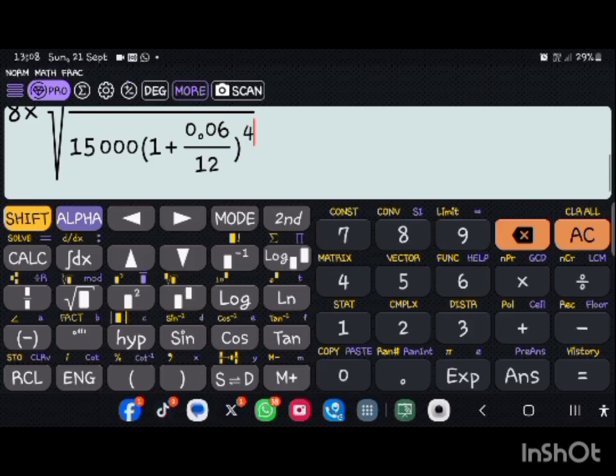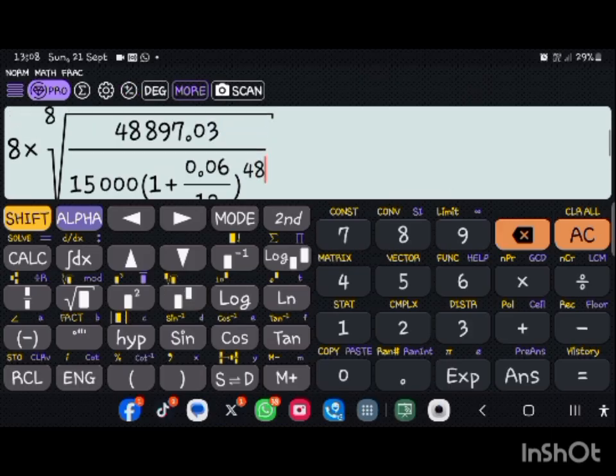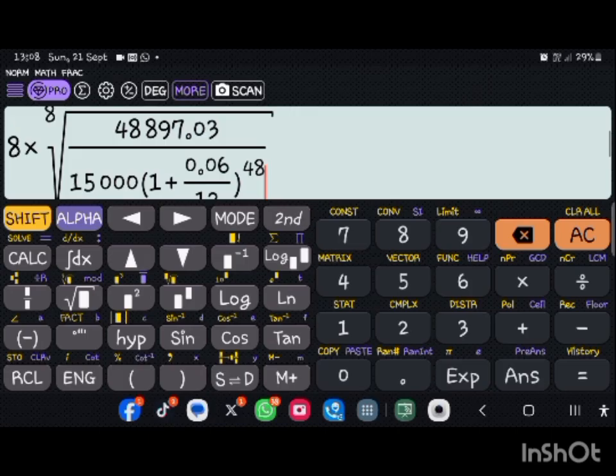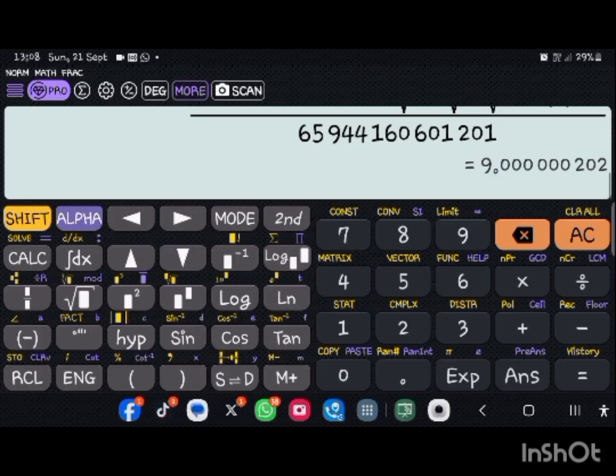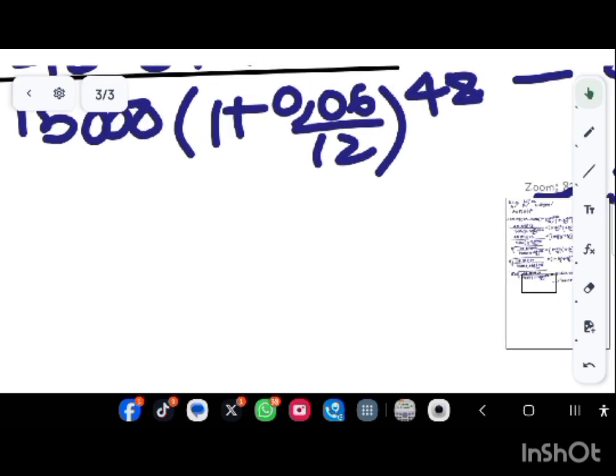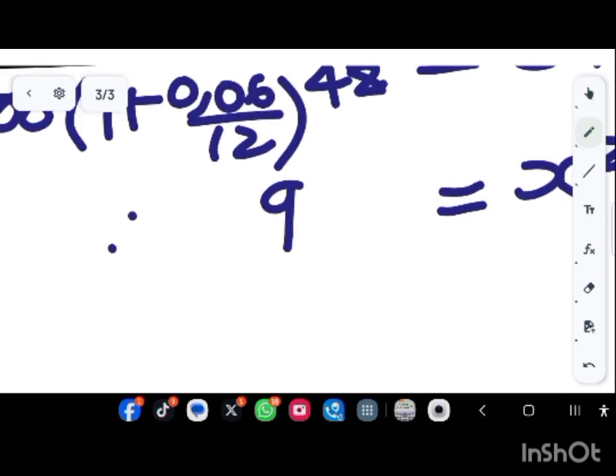Raised to the power of 48, and then we take this right arrow, take it outside, and that is equal to 9,0000, which is obviously 9. Therefore on the left hand side all of this is 9, equals to that.